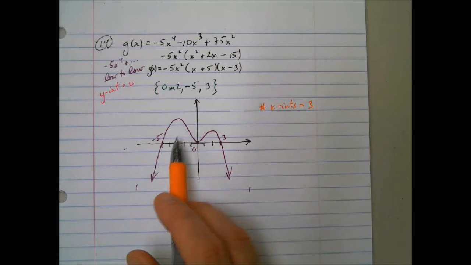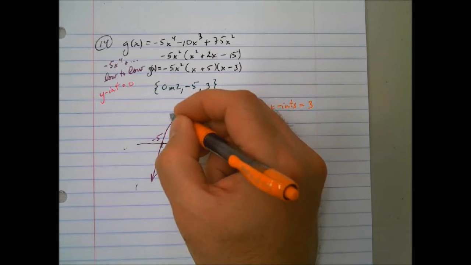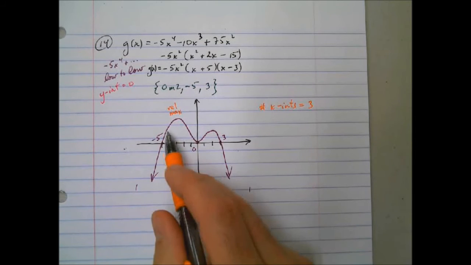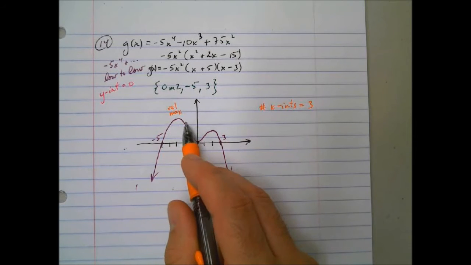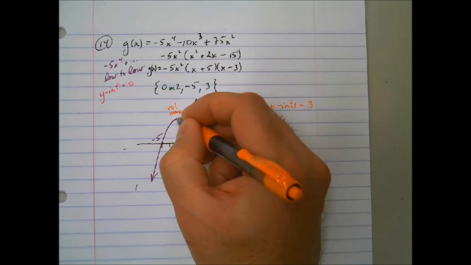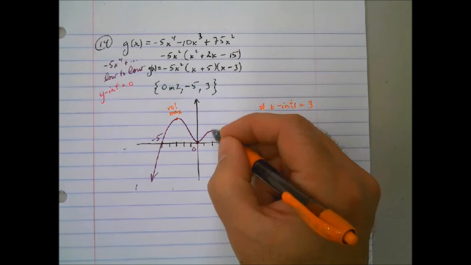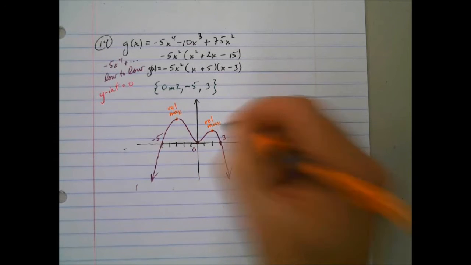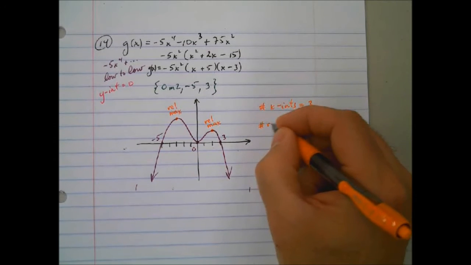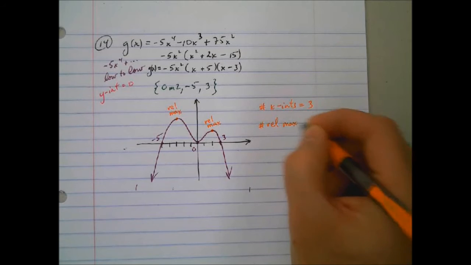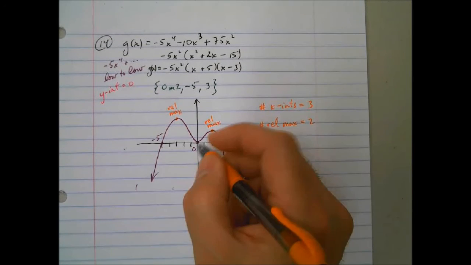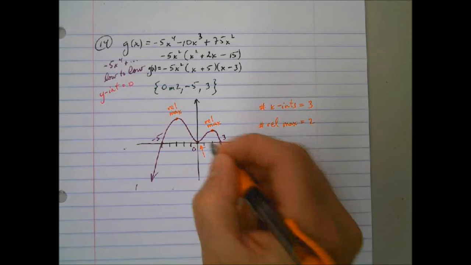Well, here's one, increasing on one side of it, decreasing on the other side of it. Here's another one. How many relative minimums? Well, there's one right here.